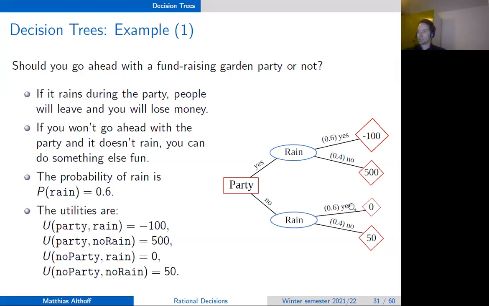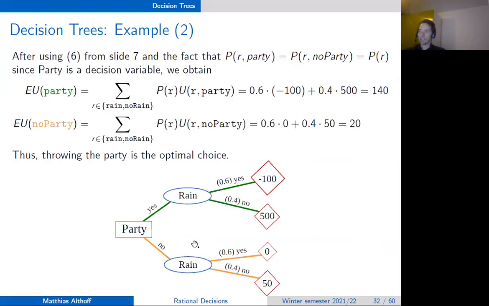So for no rain, it's even easier: 0 times 0.6 plus 0.4 times 50. So that would be 20. Okay, so let's look at these two cases, 140 and 20. And of course, because the expected utility for the party is higher, we choose to do the party.